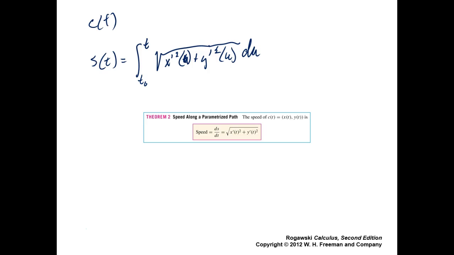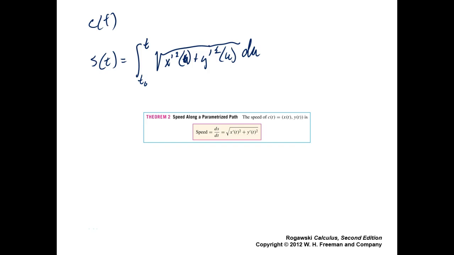But you see the du's are going from t0 to t. So the u is just sort of a dummy variable that's put in place here. So that would be a particle moving along a parametric curve, c of t, where c of t is x of t, y of t. Okay, just like we're used to.